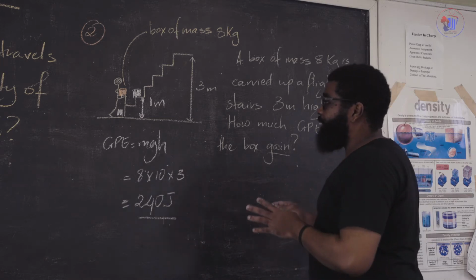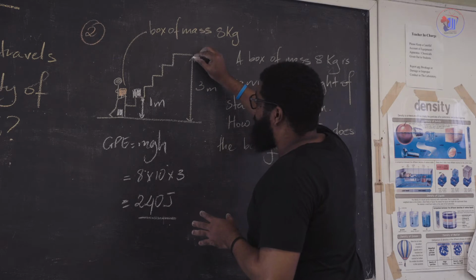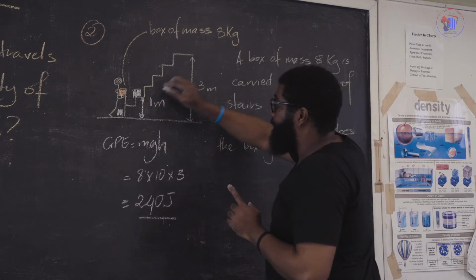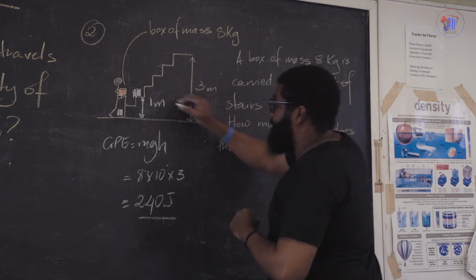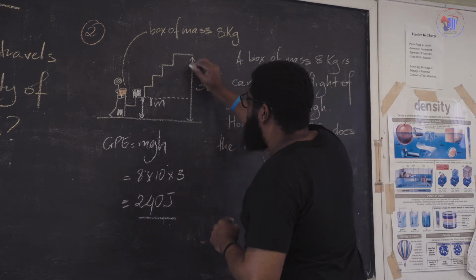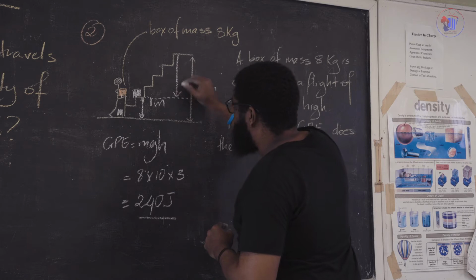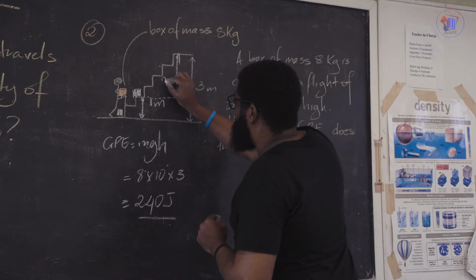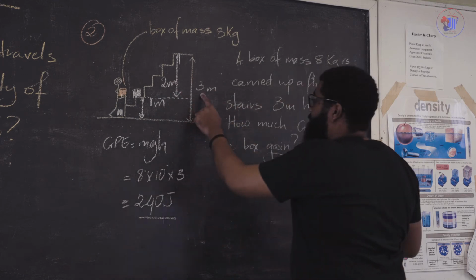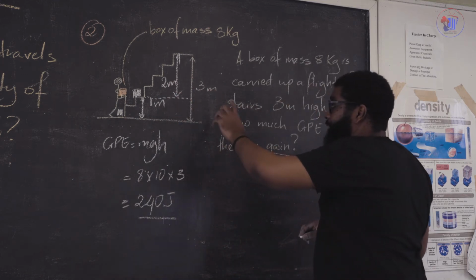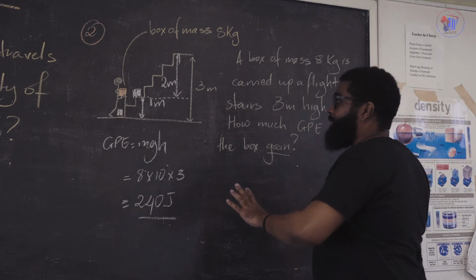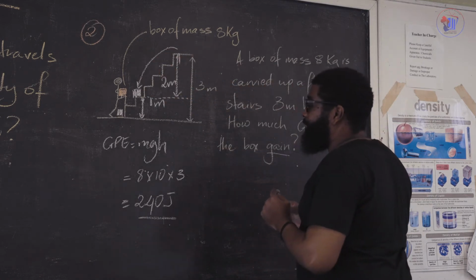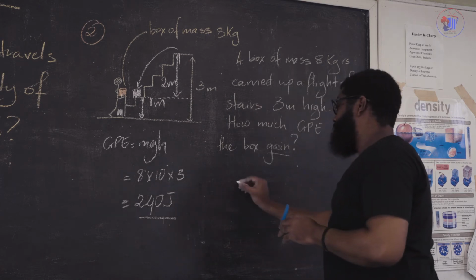Now, if you think about it, for this box to fall from 3 meters to 1 meter, it would mean that the height it did fall, this distance here, is 2 meters, because 1 plus 2 gives us the total of 3. So the change in gravitational potential energy, should the box fall to that height, is given by this formula.